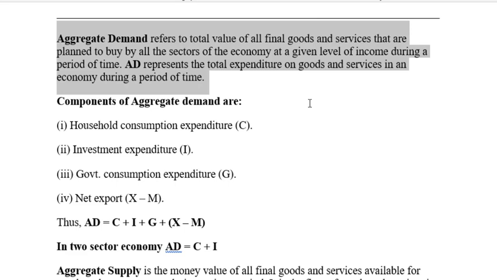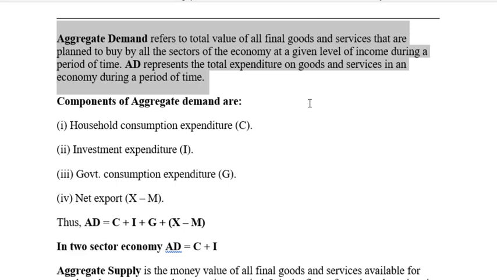There is a direct or positive relationship between the level of employment or output in the economy and the aggregate demand. It signifies that aggregate expenditure will increase with a rise in the level of employment and fall with the decline in the level of employment. Aggregate demand, we can say, is a summation of consumption and investment.